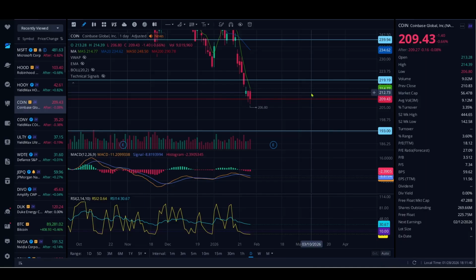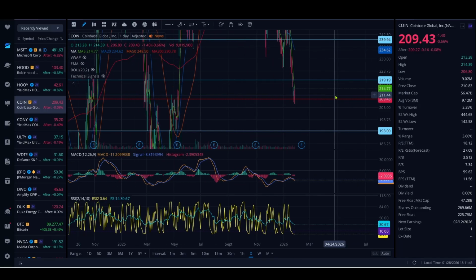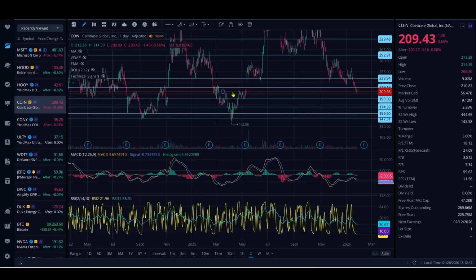So what is the significance that I am seeing on that line? Well, if we zoom back, and I hope you can see that red line right there, that's the red line we just made over here on the close of today's candle. But as you can see, that was a bit of resistance right here. It was a bit of support right here, and so forth. Right here was a bit of resistance until it did break through it.